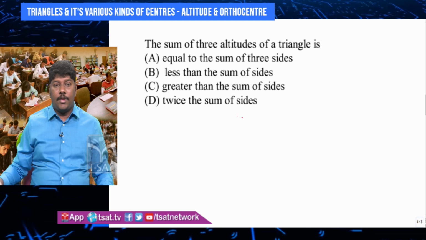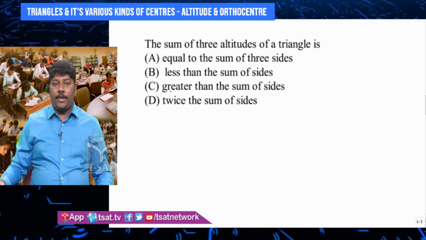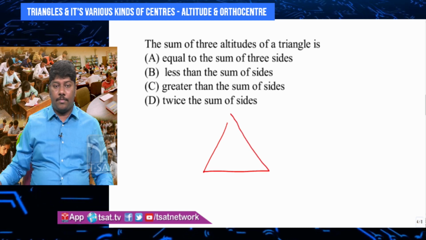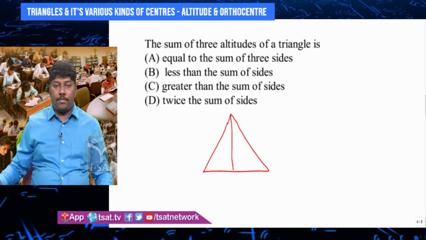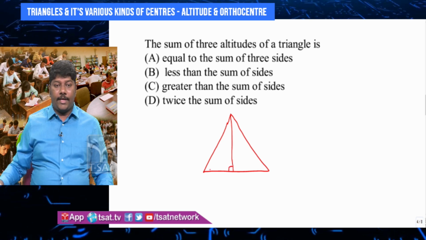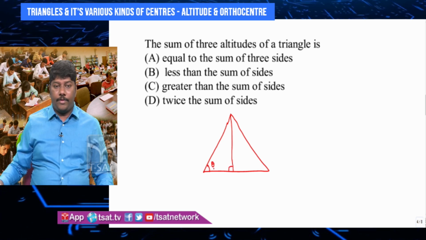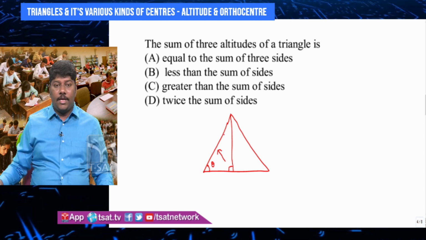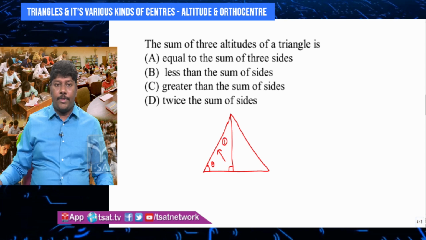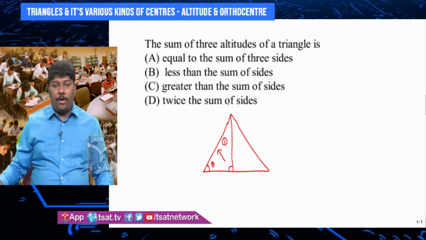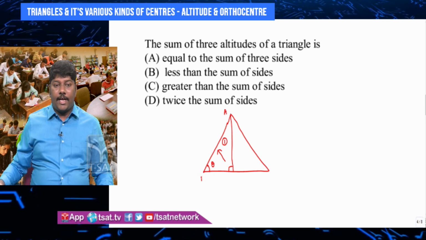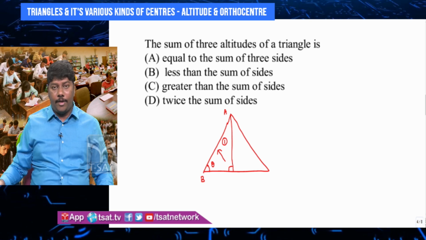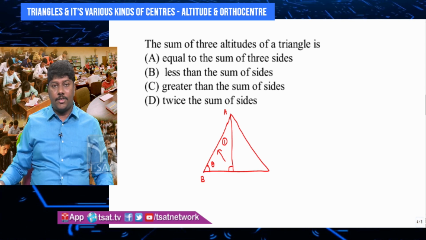Look at the next question. The sum of 3 altitudes of a triangle. If I take one altitude, if I take this angle theta, this theta is always less than 90 degrees and the side is opposite to 90 degrees. If I consider this particular triangle 1, obviously side AB is opposite to the right angle, so it is called the hypotenuse.